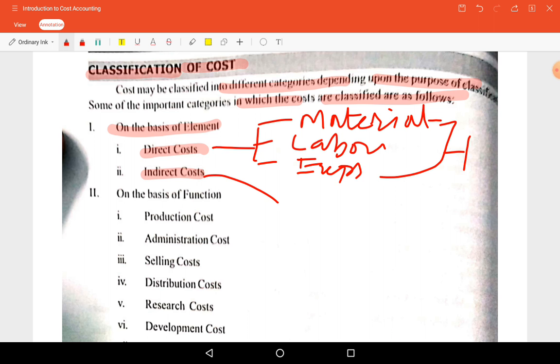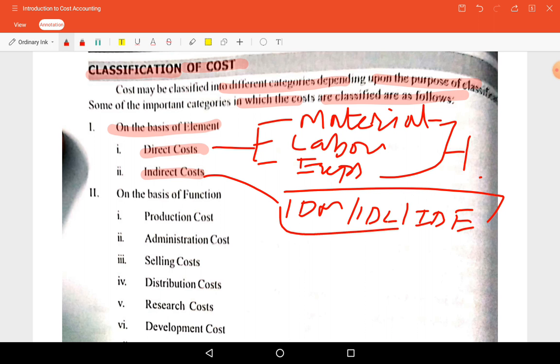Indirect material, indirect labor and indirect expenses together are called overheads. Direct material, direct labor, direct expenses together are called prime cost.